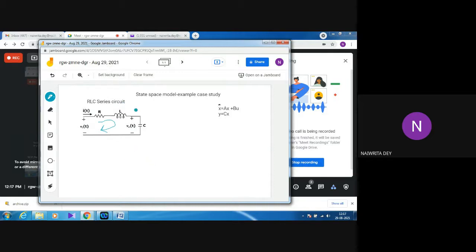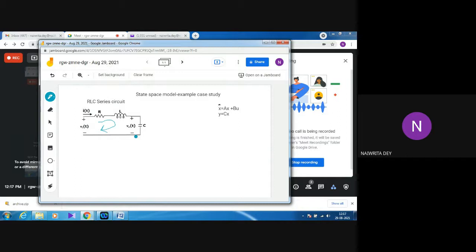In case of any electrical network, the total number of inductors and capacitors denotes the order of the circuit. In this circuit we have one inductor and one capacitor, so it's a second order circuit. So we have to consider a minimum of two state variables.